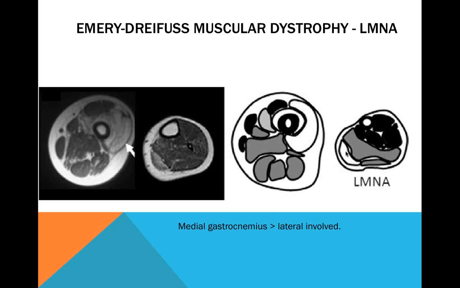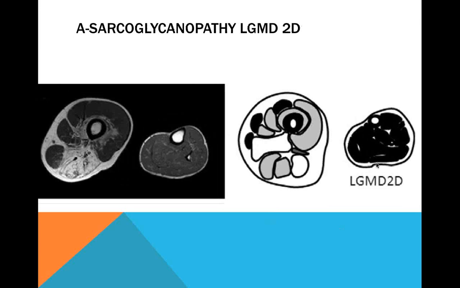They also mention that the medial gastrocnemius muscle is more involved than the lateral gastrocnemius muscle, and to be honest, this is not the only disorder where this is the case. This happens in a good number of diseases, and there's probably something about the medial gastrocnemius muscle that leaves it more susceptible to changes than the lateral gastroc, but it hasn't been described. But I'm convinced that it's probably something embryological.